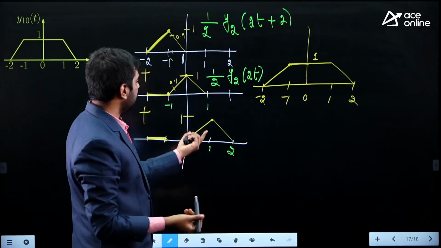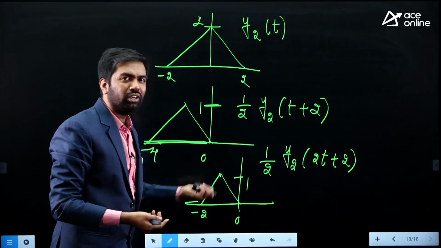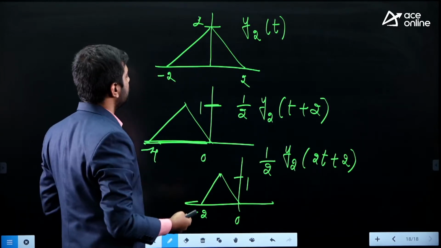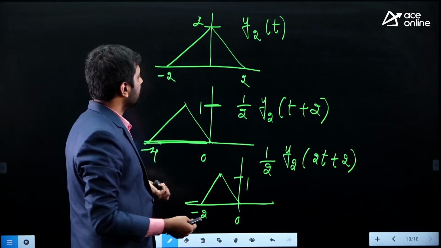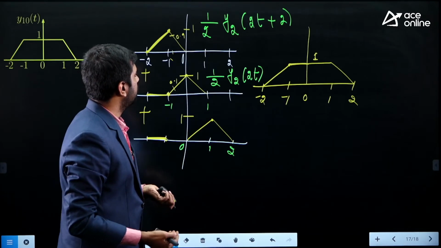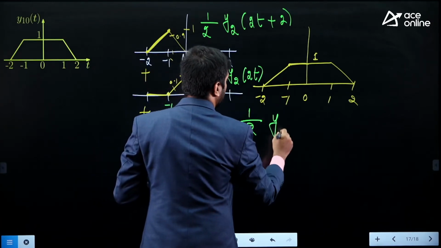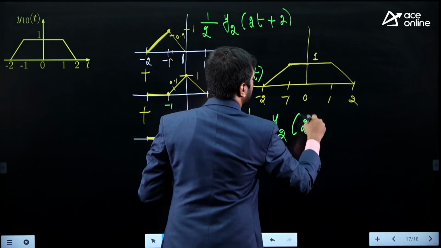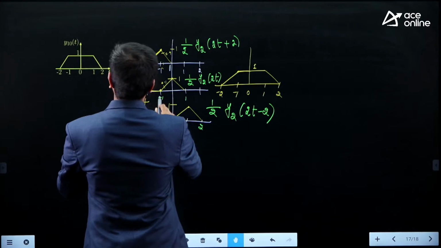In the same way, can we directly answer this? This is not needed, because the operations are the same, but instead of shifting towards left, we have to shift towards right. So what's the expression for this? This is 1 by 2 y2 of 2t minus 2. Finally, what is y10?